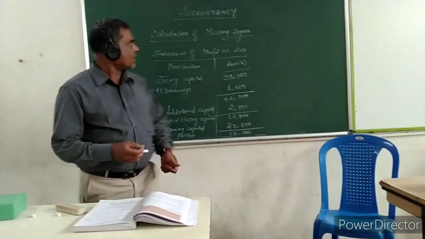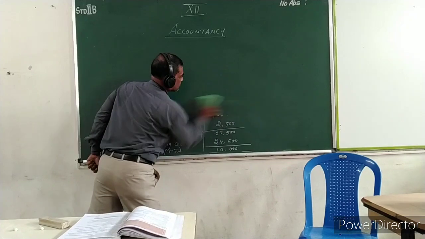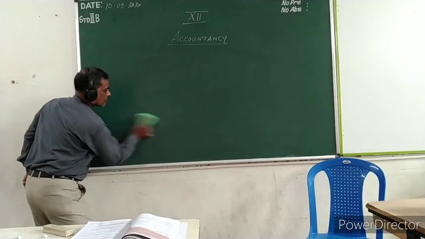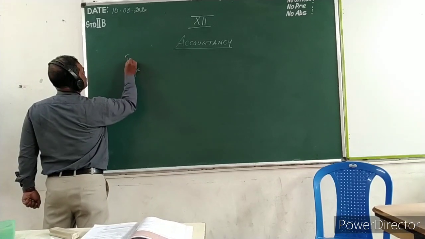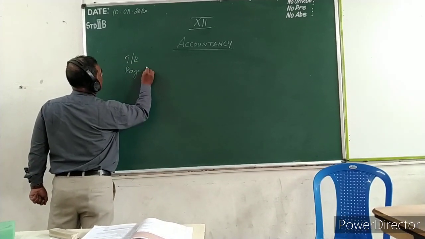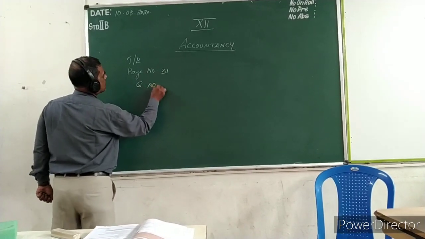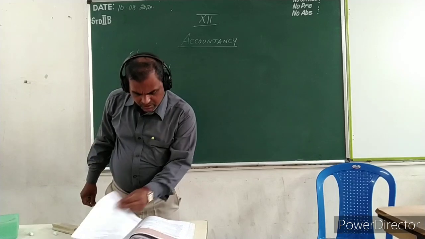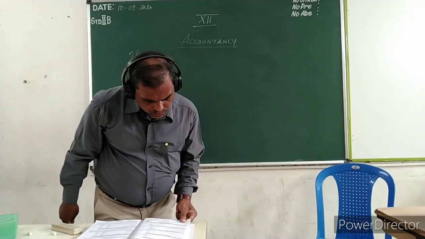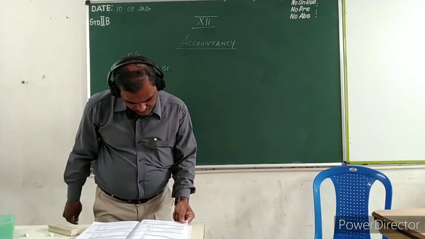Textbook page number 31. Question numbers 1, 2, 3, 4, 5.